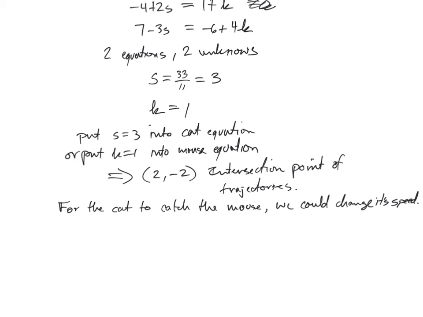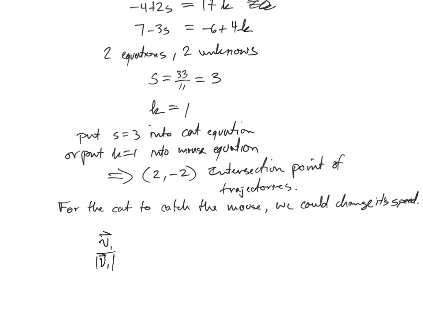So maybe all we have to do is change the velocity, the vector that's parallel to the line that the cat is following, right? So the direction of the trajectory of the cat, we call that v1 up above. Okay. We could turn that into a unit vector.